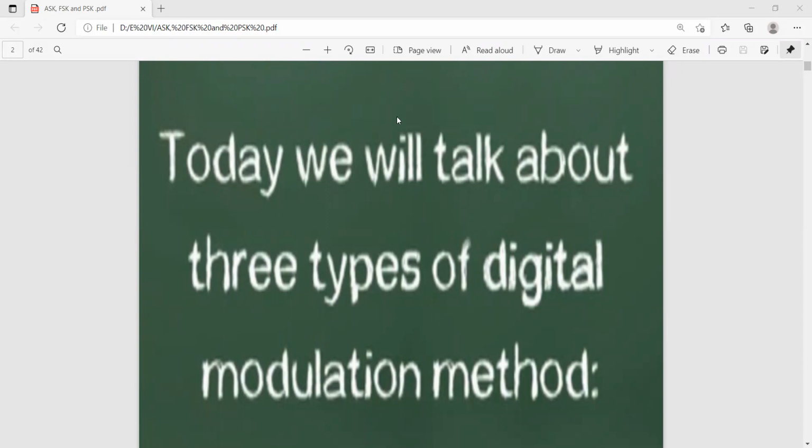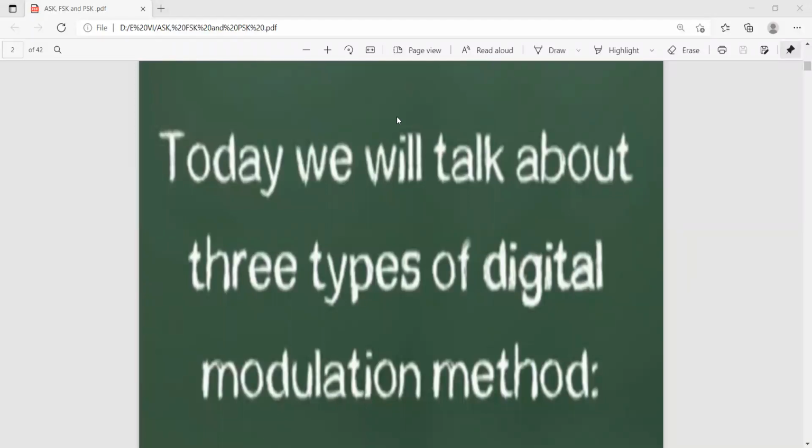In the earlier class, we discussed two analog modulation techniques: pulse width modulation and pulse position modulation. These two topics are important for the upcoming exam.